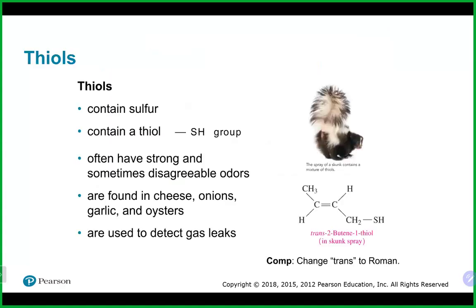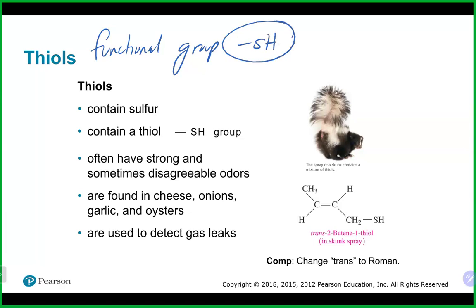Let's then talk about thiols. Thiols are sulfur-containing groups. The functional group of a thiol is the SH, so kind of like the alcohol, but it's a sulfur-containing group, hence the skunk here, I assume.